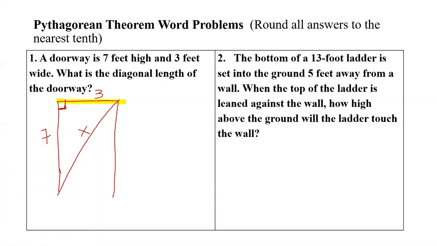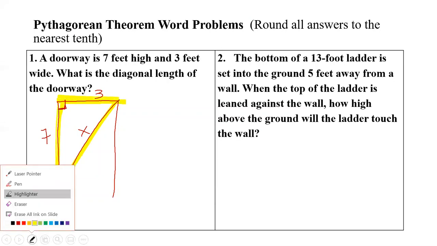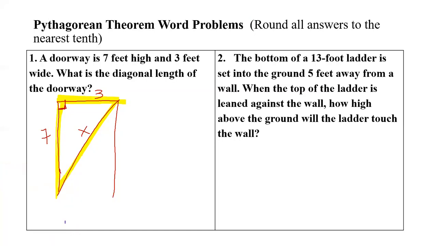So here, my legs and my hypotenuse. Here we have a right triangle. And notice the directions say round to the nearest tenth. Sorry, my pen's acting up. So we say 3 squared plus 7 squared equals x squared, right? The x is across from 90, x is our hypotenuse.